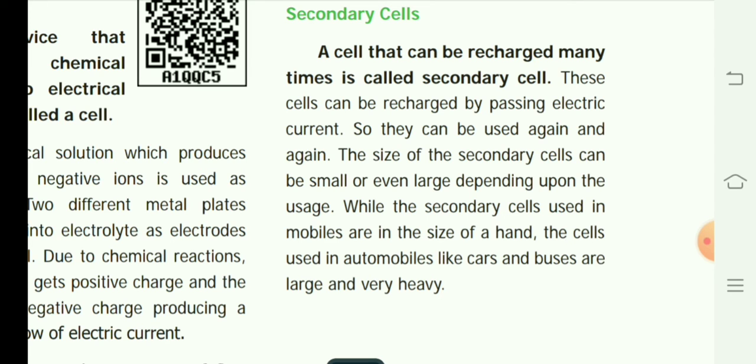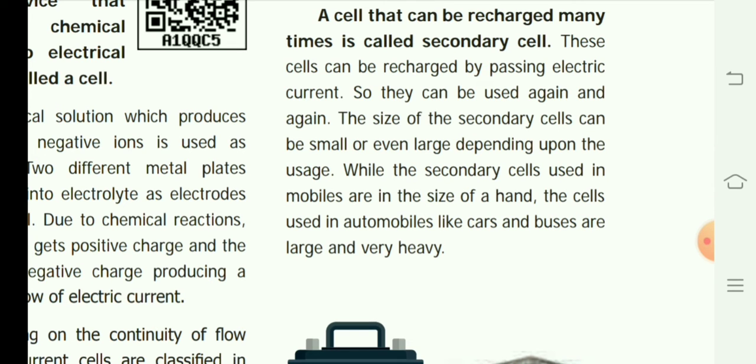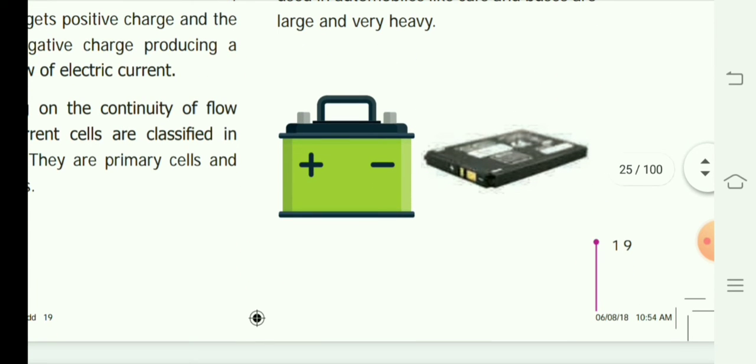Yes, the secondary cells can be recharged and are used in mobiles, then used in automobiles like cars and buses, which are large and very heavy. See the picture, these are the secondary cells.